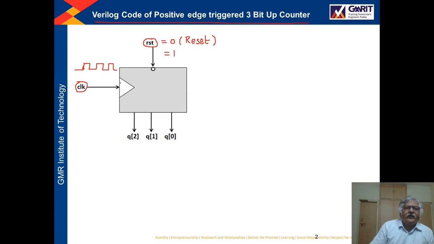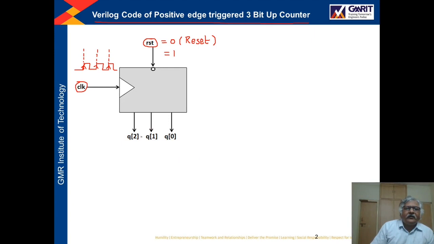The absence of a bubble indicates that this counter will operate at the positive edge of the clock signal. This is the positive edge here. So whenever this positive edge is detected, the counter will work.